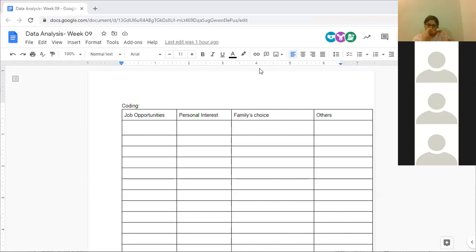The interview that we did has given the reason why he or she chose literature. So first we have to put his quotation that why he chose the literature and copy and paste this data there, and then we tick any one of these 4 categories that this statement is saying to us.